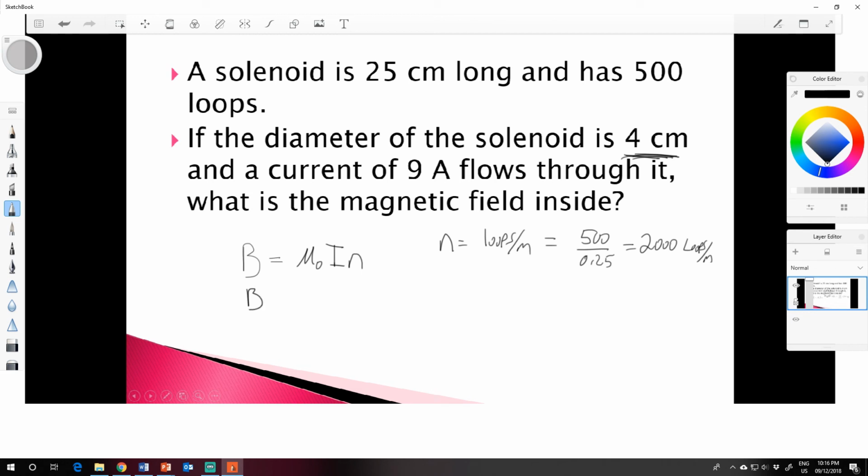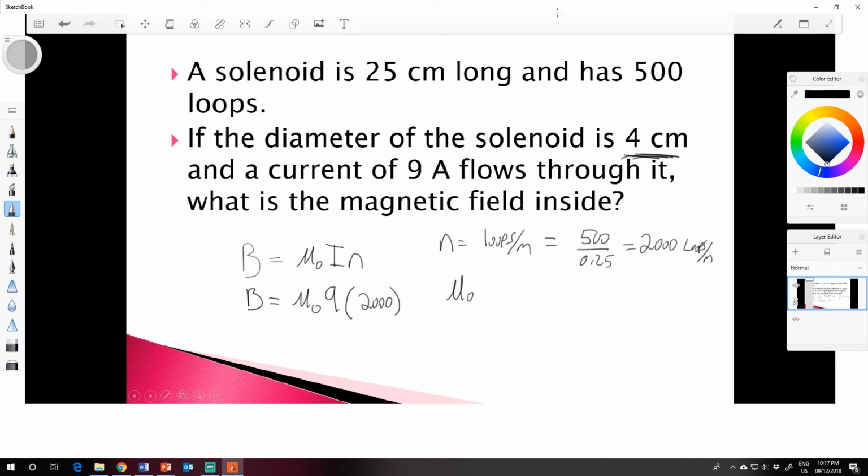I'm going to calculate our magnetic field. Oops, I put an I in there because I know how much current's flowing through it: 9 amps. We have 2,000 loops. And I guess I should look up what mu zero is. Let's do a quick look.